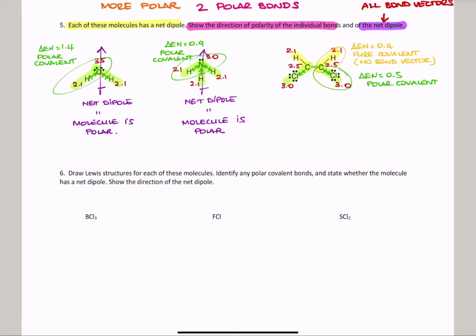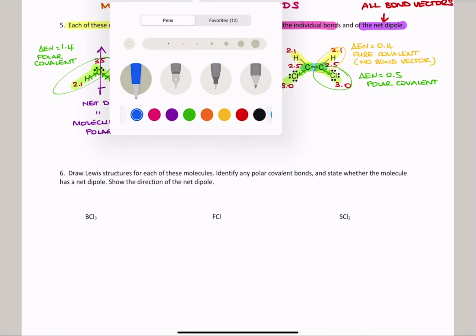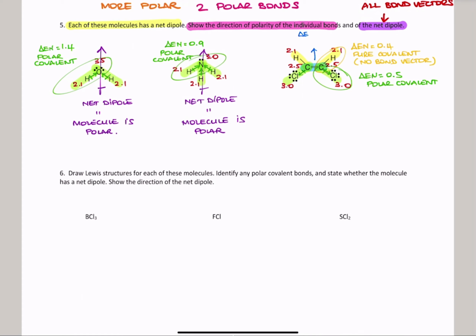The last bond, the CC, has a delta EN of 0. Therefore, pure covalent, nonpolar, and no bond vector. When I add these two green arrows together, I get a net dipole pointing toward the bottom, and this net dipole tells us that this molecule is polar as well.